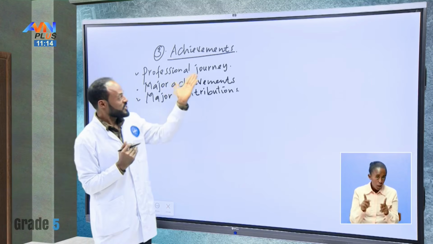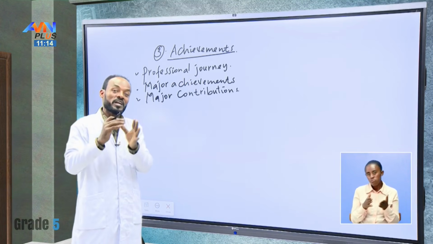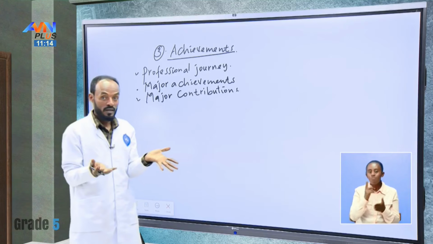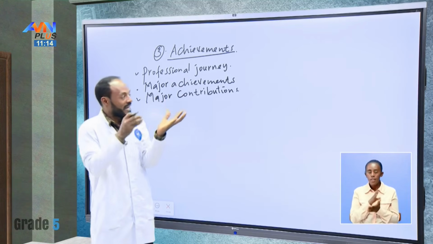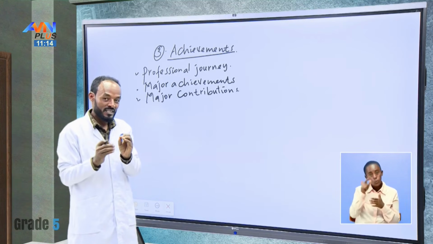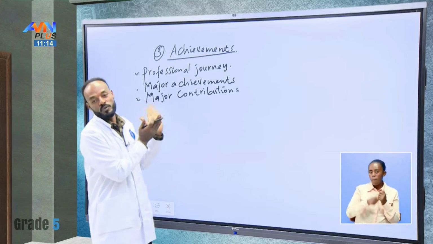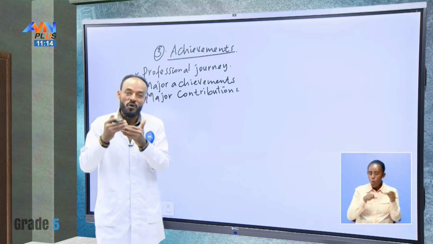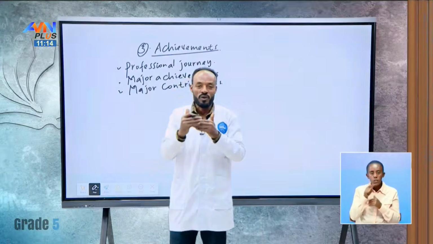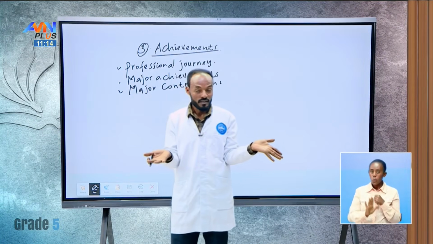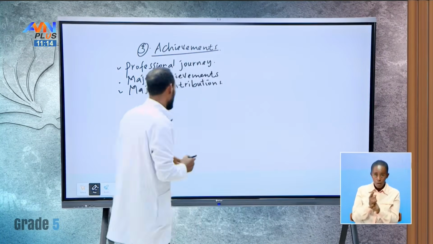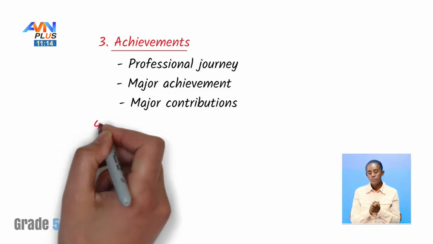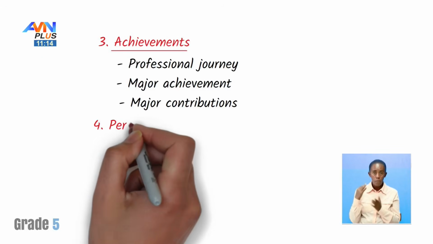So professional journey, when we say about his or her education level, okay? Then here, what he or she achieved, the main points should be included. And major contribution, what he or she contributed for his or her country. Am I right? Bravo.